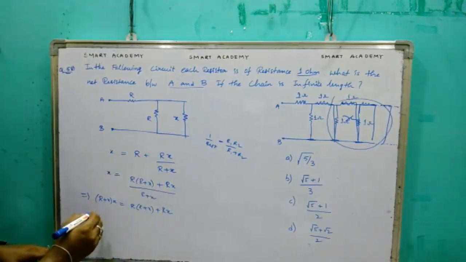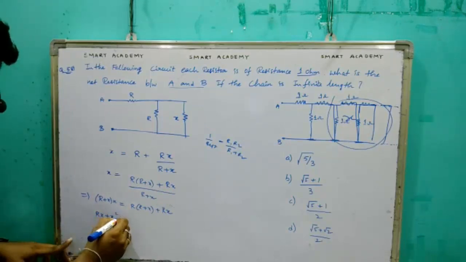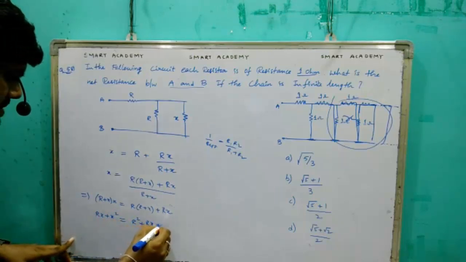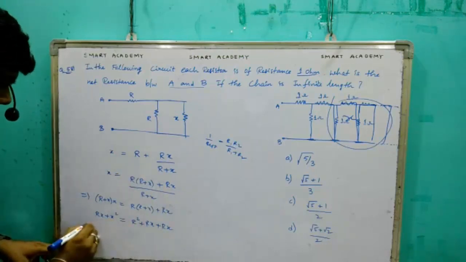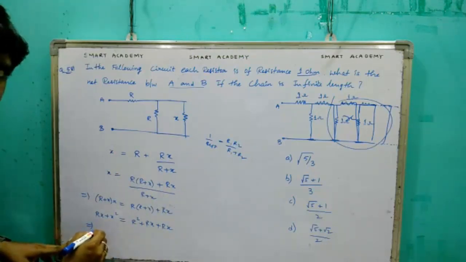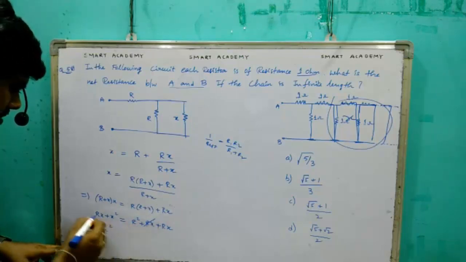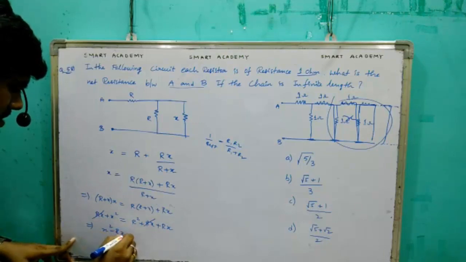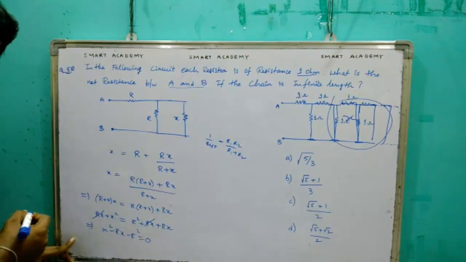Multiplying, we get RX plus X square equals R square plus RX plus RX. Simplifying, the RX cancels, giving X square minus RX minus R square equals 0.